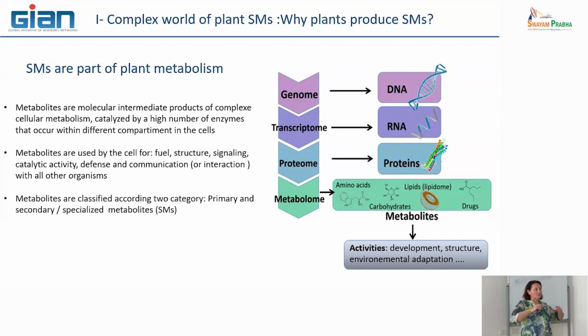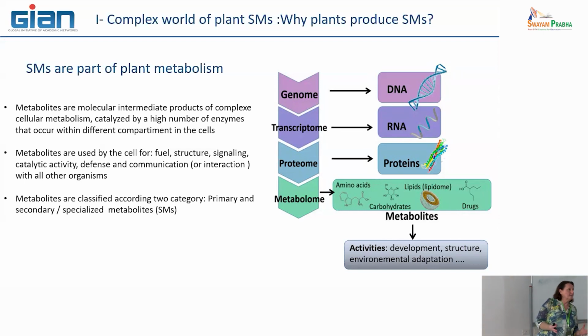It's like in a factory: you have different steps, you need access to the first one, the second one and the third one, and you can't go to the end if something is missing in the middle. So the metabolic pathway needs to be completely coordinated at each step in order to be efficient in the cell.